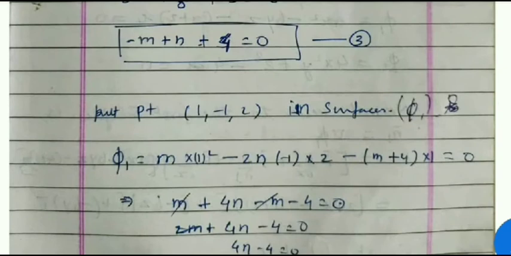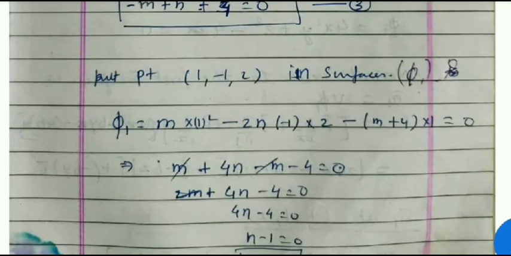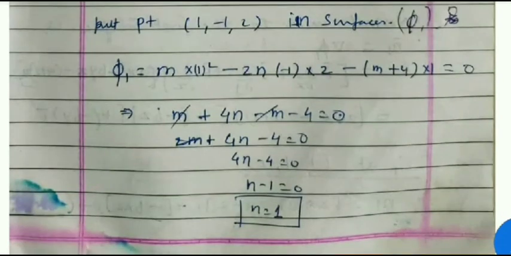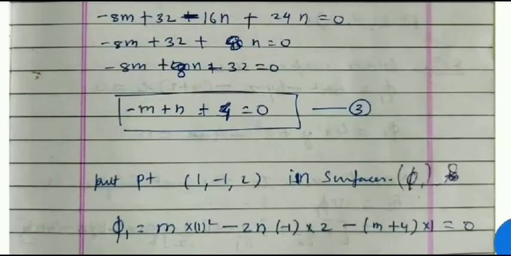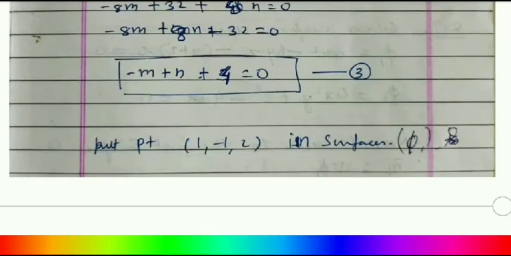Now to find another equation, we put the point (1, -1, 2) in the first surface, that means the first surface phi 1. So put x is 1, y is minus 1 and z equals 2 in the first equation. By putting these values and simplifying, we get the value of n equals 1. Now put n equals 1 in equation number 3.